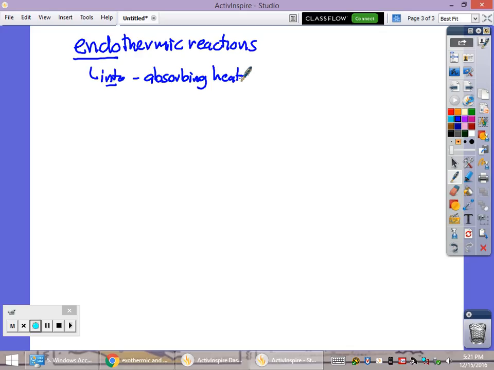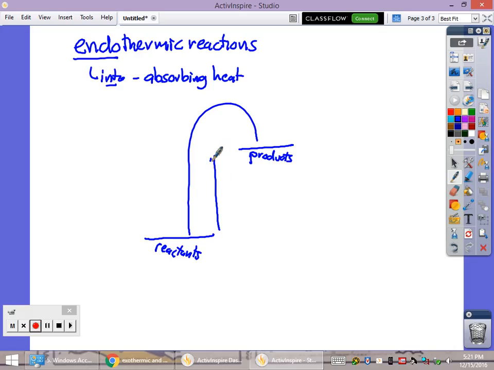If we have an endothermic process, that just means that the reactants are much lower than the products, and we have the same process, but instead the reactants have to go up to get to the products. And that means that they have to absorb heat.